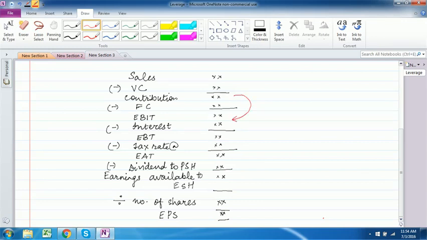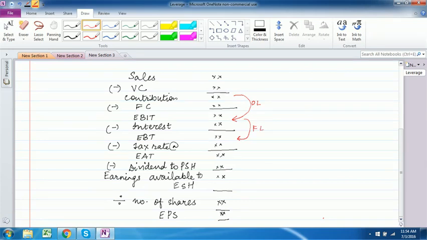This is the right hand side, so this arrow will point downwards. What is this? This is operating leverage. Now we'll start with EBIT and move to EBT. This is your financial leverage.